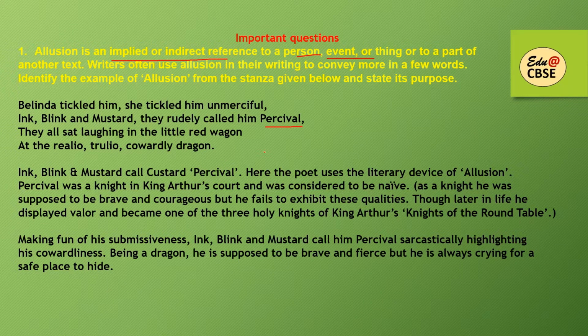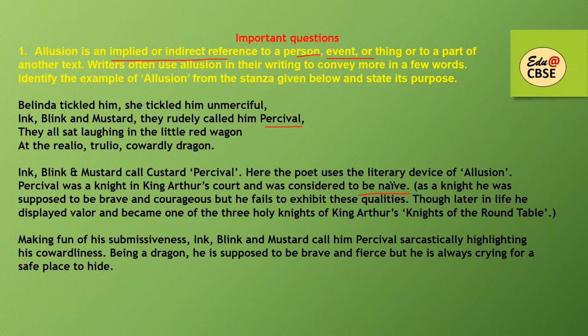So knights जो हैं वो actual में बहुत brave होने चाहिए. लेकिन Percival जो है, he was considered to be a knave. Knave is, as a knight, he was supposed to be brave and courageous, but he fails to exhibit these qualities. So क्योंकि वो ये qualities exhibit नहीं करता है when he is young, so he doesn't show such qualities.